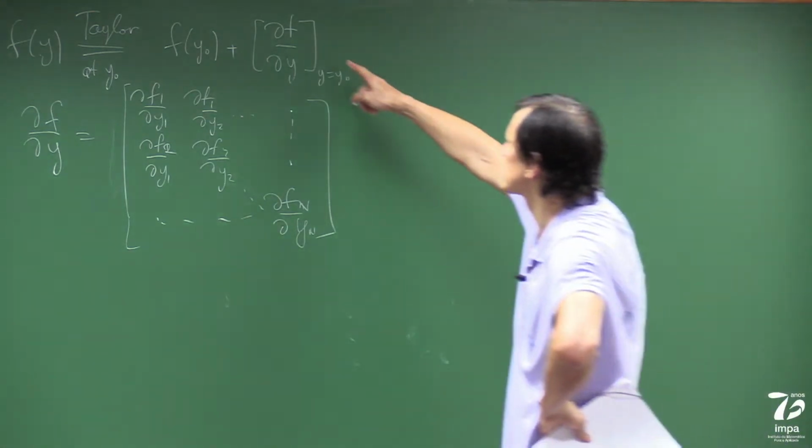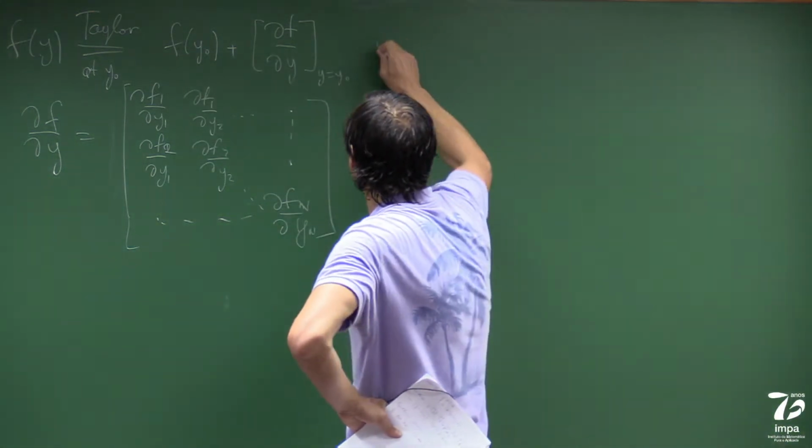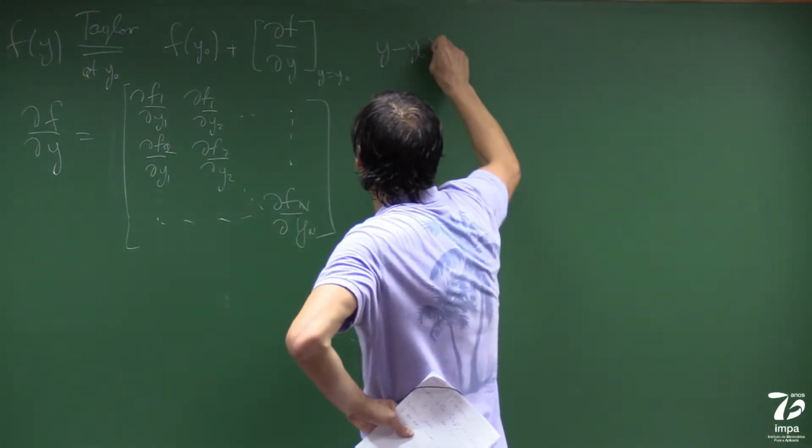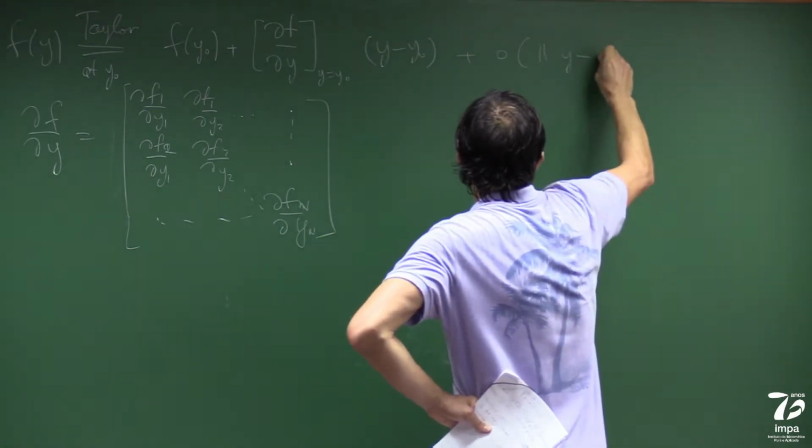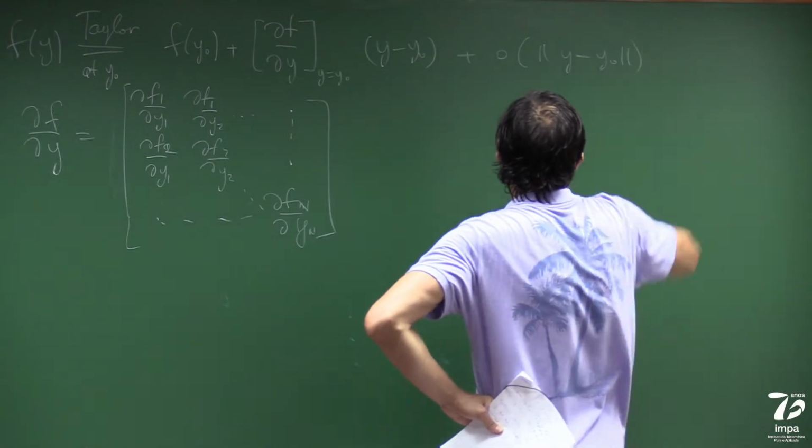So this matrix, multiplied by the difference, and plus smaller order terms, higher order terms.